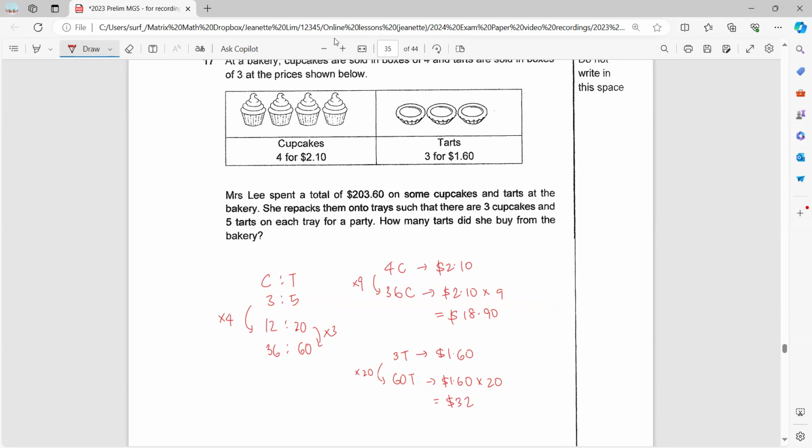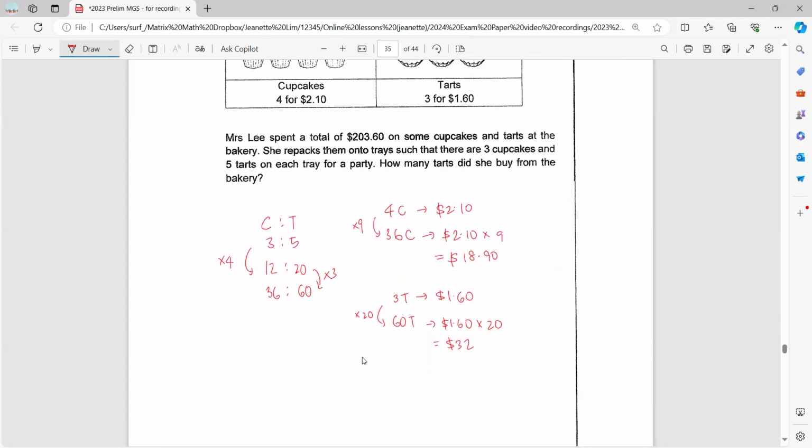Now, if we have this as one group, how much would it be? It will be 1890 plus $32. 5090. Okay, there's one group of 36 cupcakes and 60 tarts.